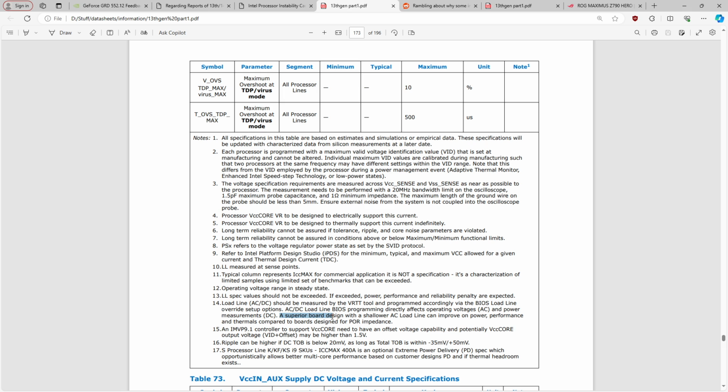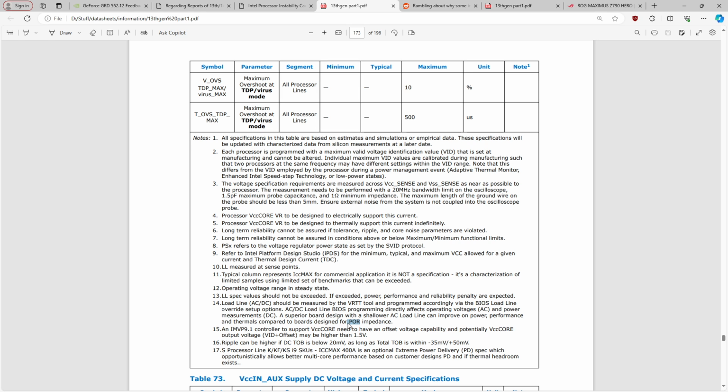A superior board design with a shallower AC load line. So I would assume 0 milliohms is the most shallow, and 1.1 milliohms is the deepest load line. So a superior board design with a shallower AC load line can improve on power, performance, and thermals compared to a board design for POR impedance.